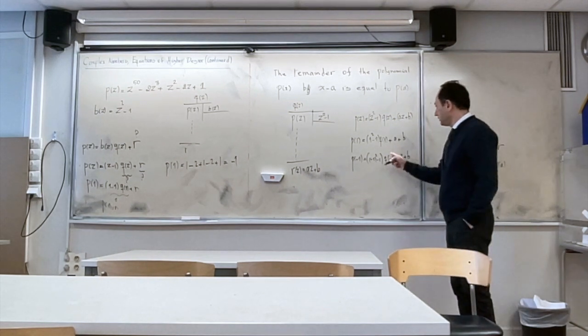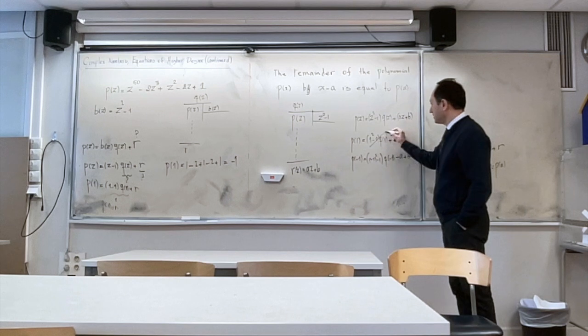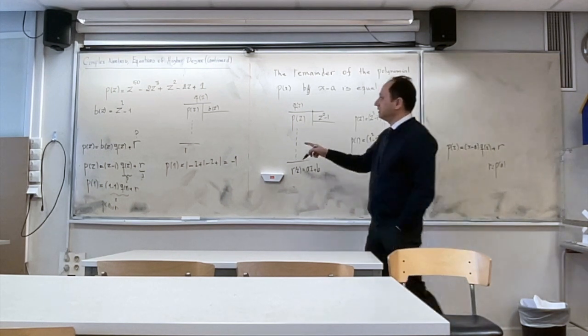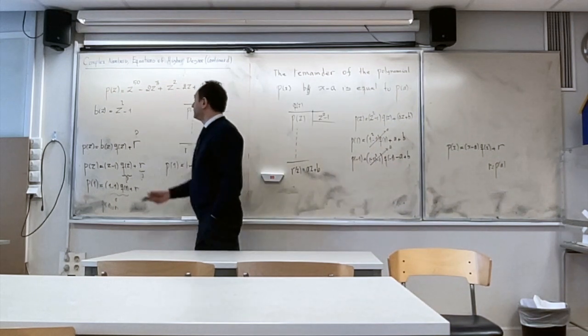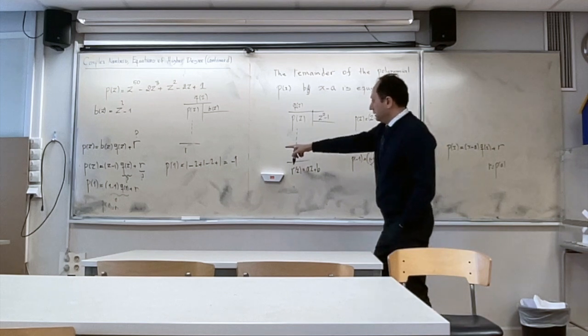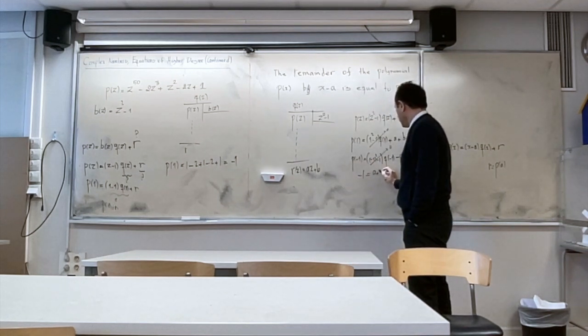But then, do I need to be worried about these two? No, because this factor is 0. This is also 0. So this is totally 0. What was P of 1? I have to put 1 there. Do you remember the answer? P of 1 was minus 1. So P of 1 is minus 1, which is equal to A plus B.